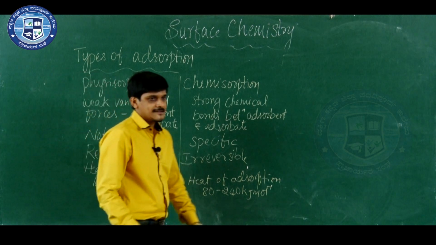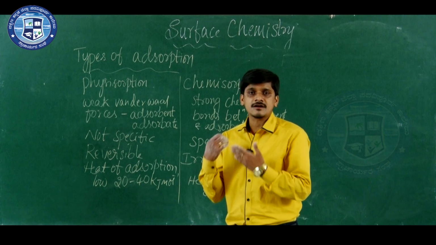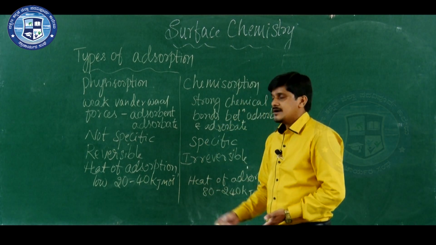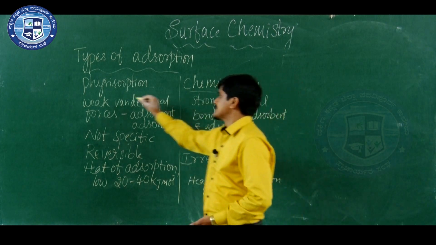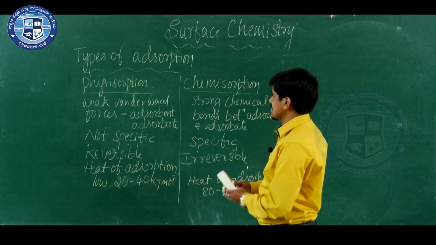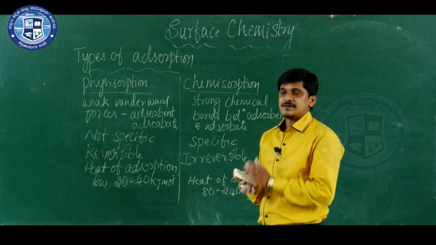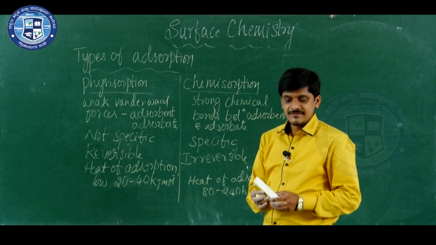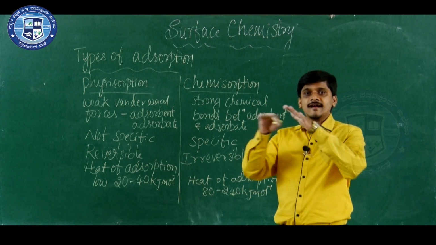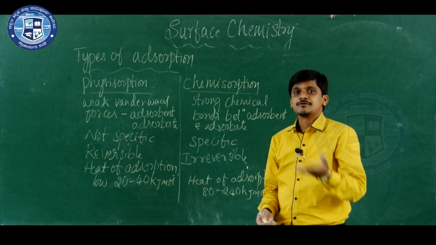And finally, physisorption is multi-molecular layered adsorption, whereas chemisorption is monomolecular layered adsorption. Why? In physisorption, the more times you rub the board with the duster, the more chalk powder particles get adsorbed. Whereas in chemisorption, once the reaction takes place at the surface of the adsorbent, then there is no further reaction.